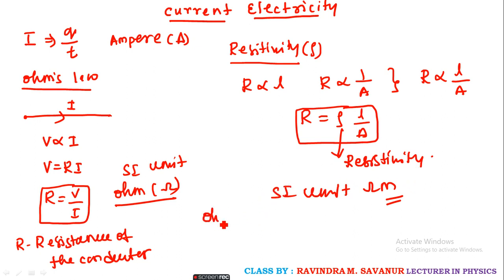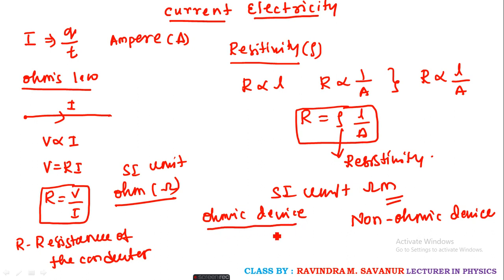One more thing we discussed is the ohmic device and the non-ohmic device. An ohmic device is one which obeys Ohm's law, and a non-ohmic device is one which does not obey Ohm's law.